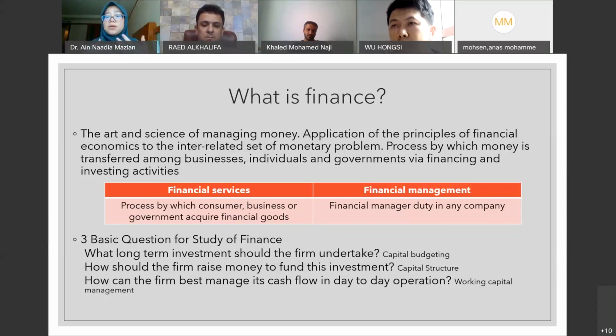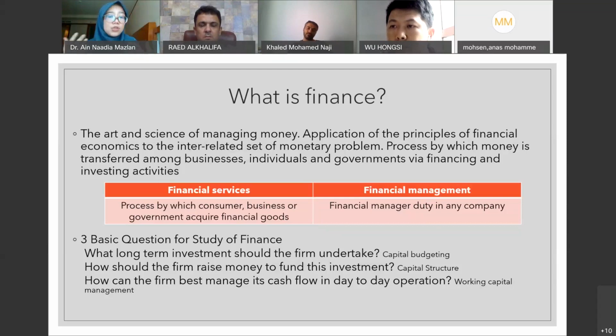So when we learn about finance, there are three basic questions. The first question is, what long-term investment should the firm undertake? You've got this company. You are going to have a company, regardless of whether you're going to be in financial management or even as an individual.